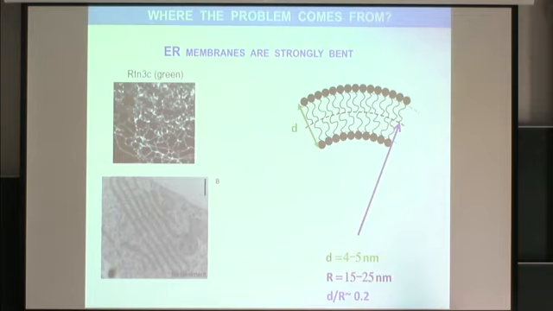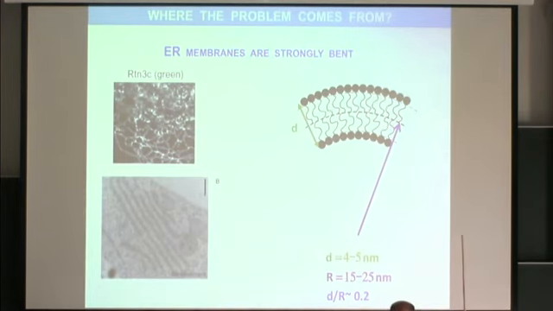I mean, the radius is 5 times larger than the membrane thickness. The radius of curvature couldn't possibly be smaller than the membrane thickness, meaning that if it is of the same order of magnitude as the membrane thickness, this means that the curvature is large. So this is a major characteristic: large curvatures of these structures.